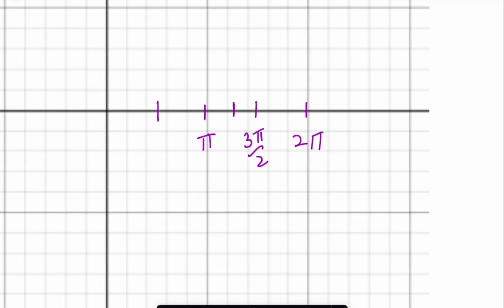If you'll notice, we had to break it down in fourths. It was 1, 2, 3, 4 jumps to get to pi. 1, 2, 3, 4 jumps to get to 2 pi. So this would be 5 fourths.